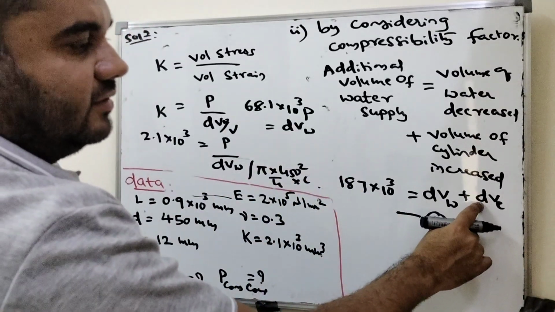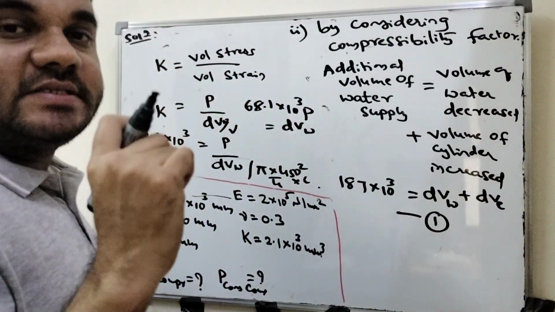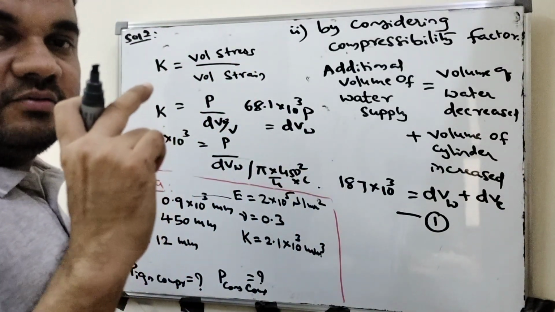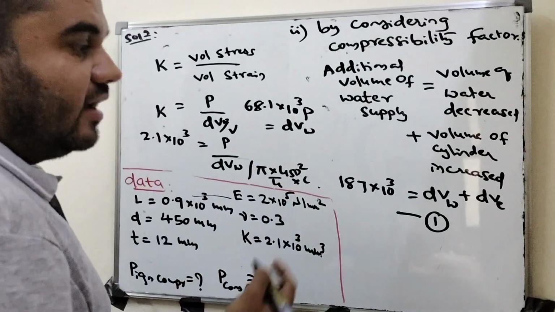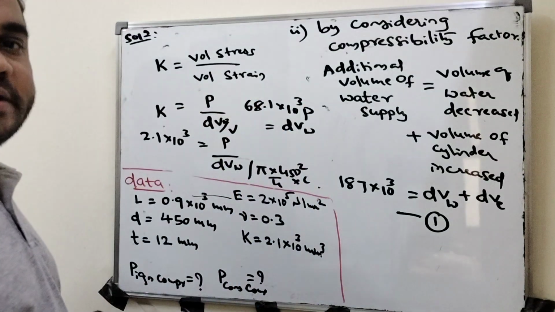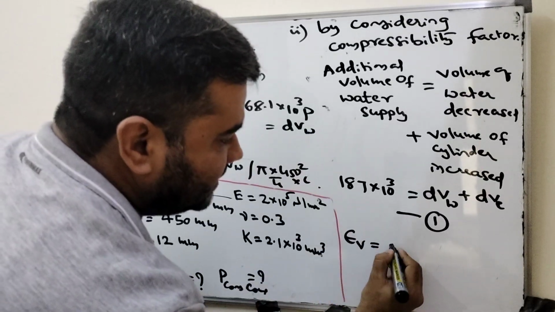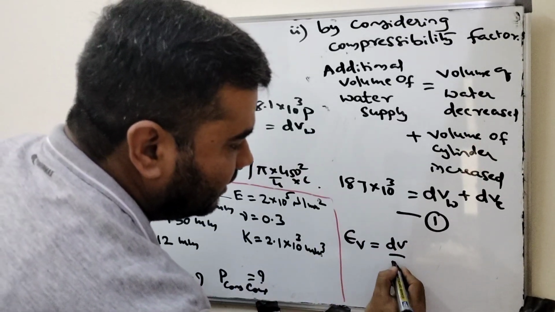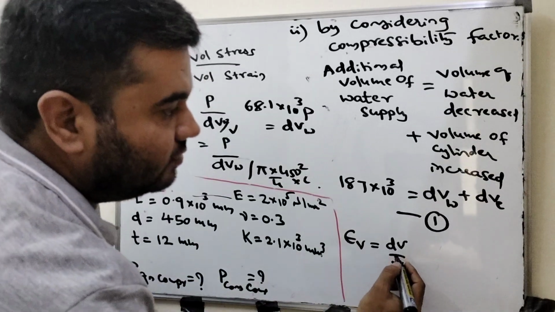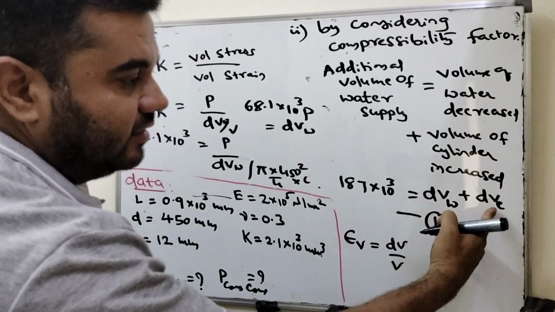Now, how about the increase in the cylinder volume? We have already calculated the volumetric strain before. The volumetric strain equals the change in volume divided by the original volume. So the change in volume due to volumetric strain is because of the cylinder.